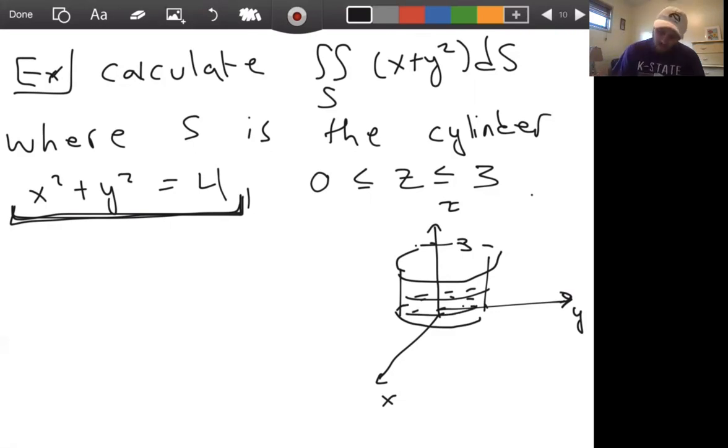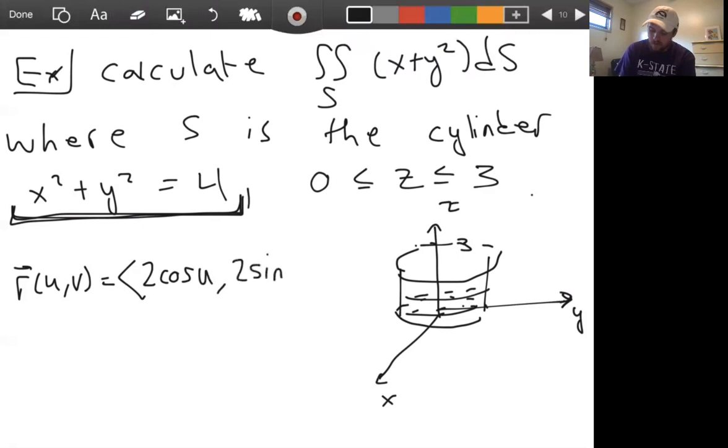So first we need to parameterize this cylinder, right? And remember, we can parameterize a cylinder of radius r by r cosine u, r sine u, and then the height, right, which we can use this parameter v just to directly indicate.